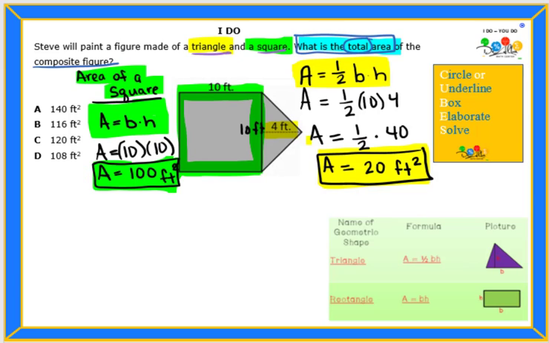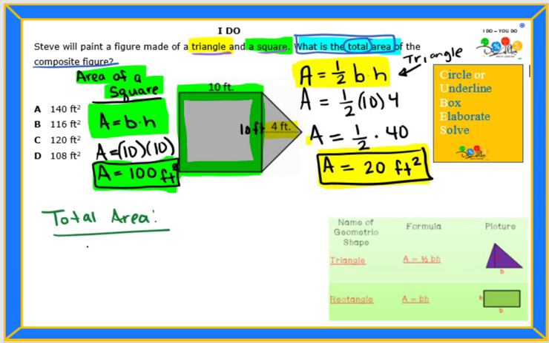Now that we have the area of the triangle and the square, we can put them together to find the total area. So it says find the total area and we had two pieces.